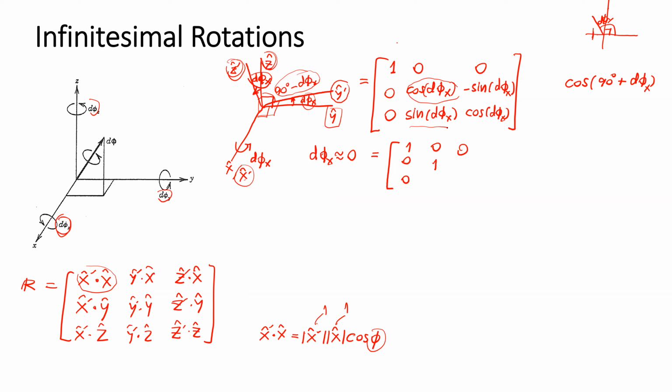Sine of that angle can be estimated as that angle measured in radians. Cosine of near zero is cosine 0, equal to 1.